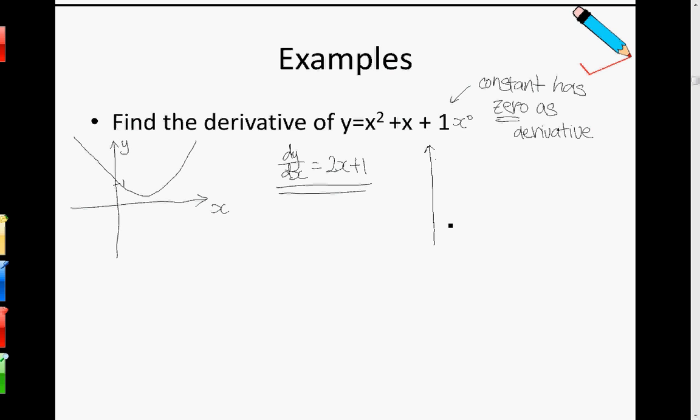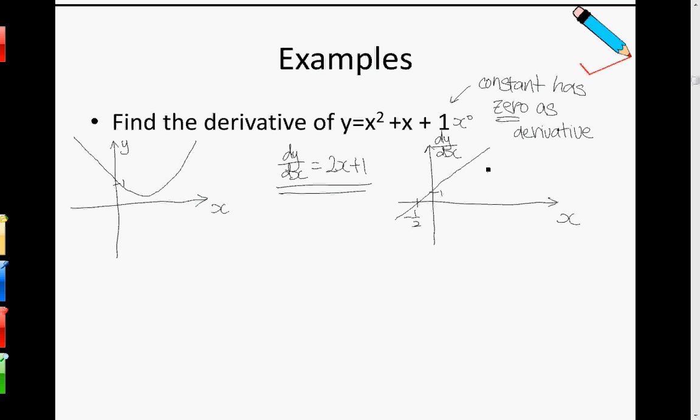So let us plot our gradient function, dy dx against x. We know how to plot this, this is actually very simple. This is minus half, and this is 1.